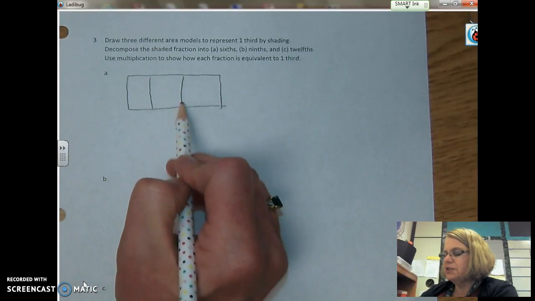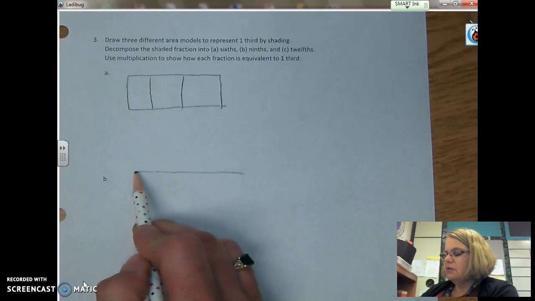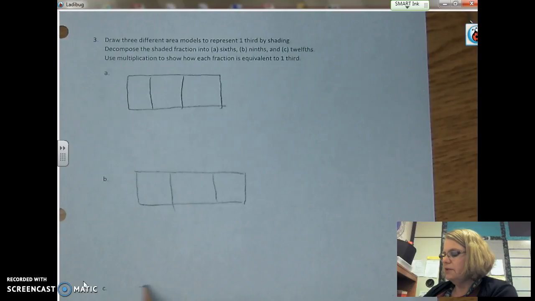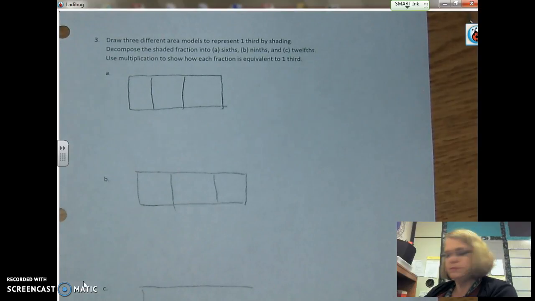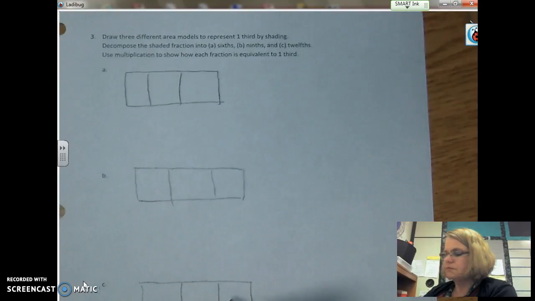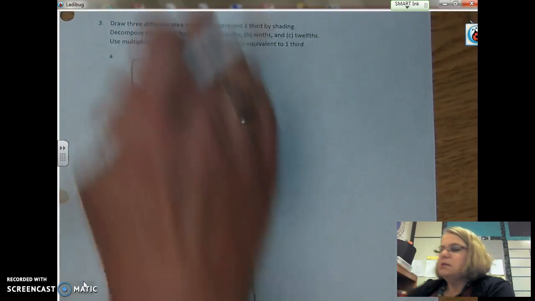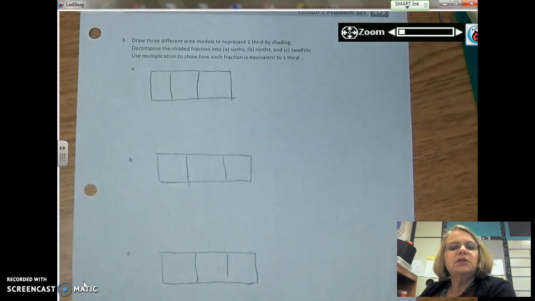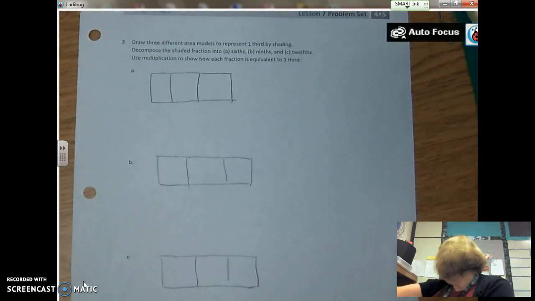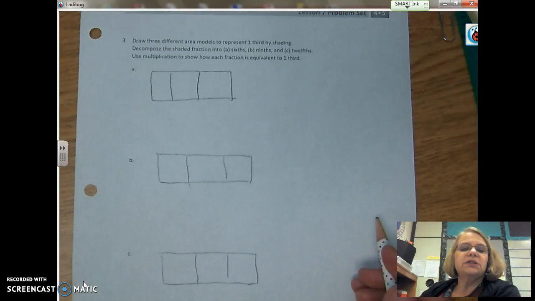According to the directions, we're making 3 area models that are 1/3 for A, B, and C. Shrink that just a little bit so you can see it a little better.